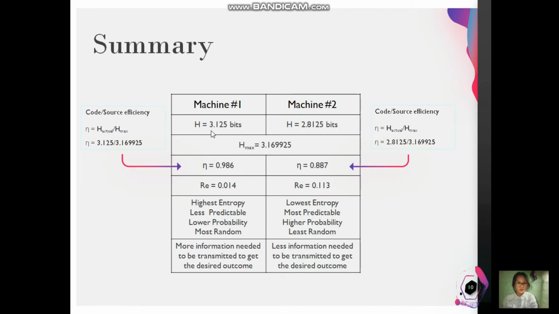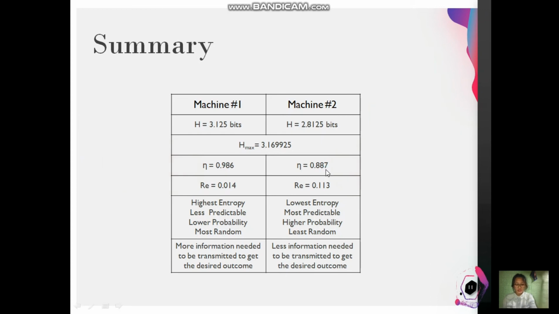For example, for machine number 1, 3.125 divided by 3.169925 is equal to 0.986. And for machine number 2, it is 2.8125 bits over 3.169925, which has a result of 0.887.